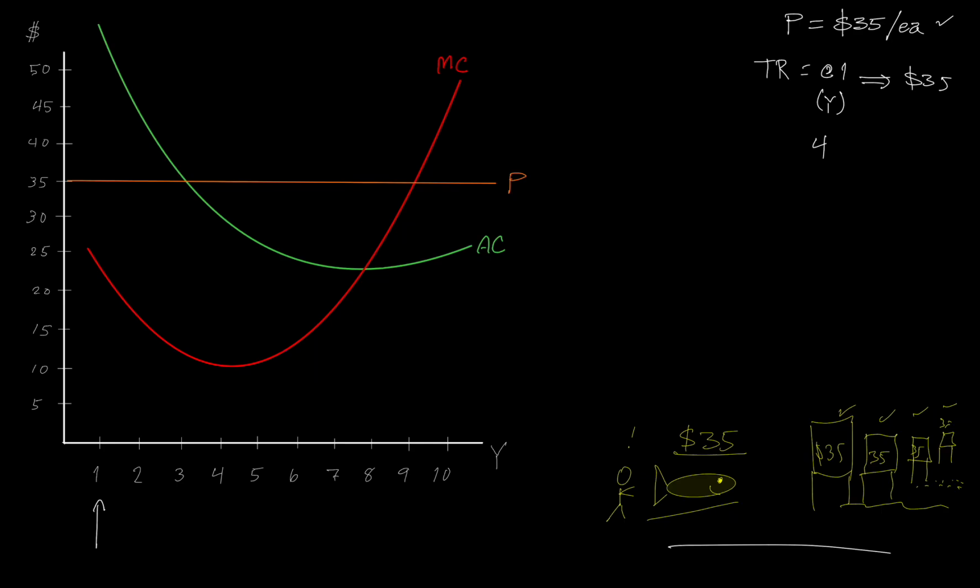My total revenue then is going to be $140. Okay, so that's total revenue. With each unit of output I sell, there's 35, 35, 35, 35. Now we can look at this and go, okay, that's our total revenue if we take the price of each unit and multiply it by its quantity.